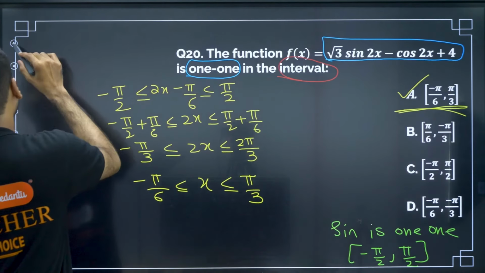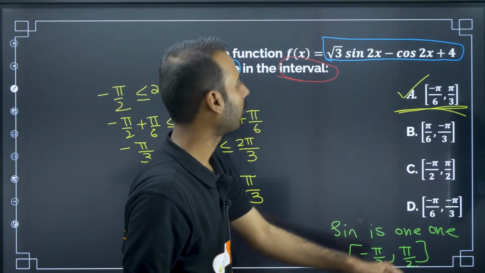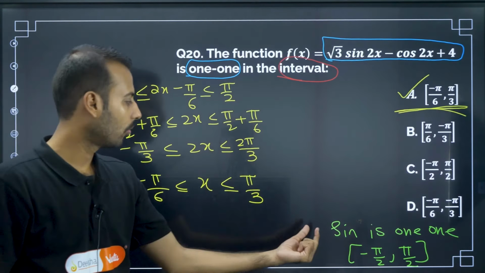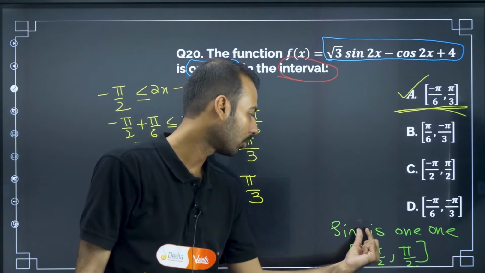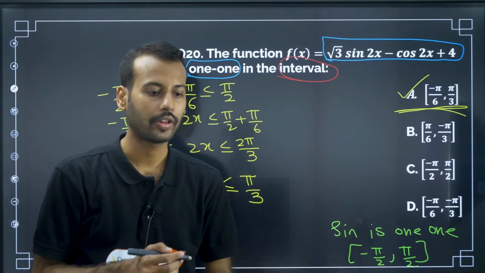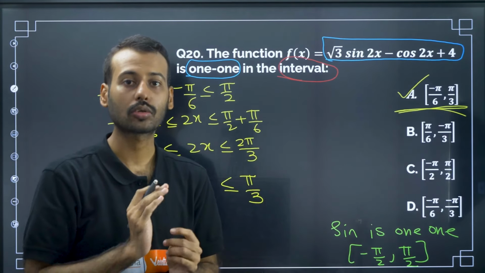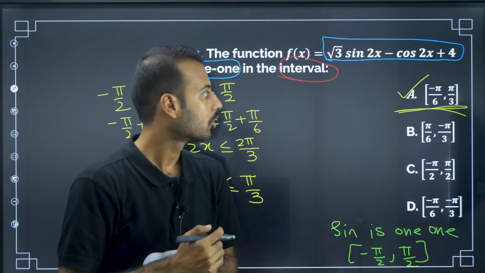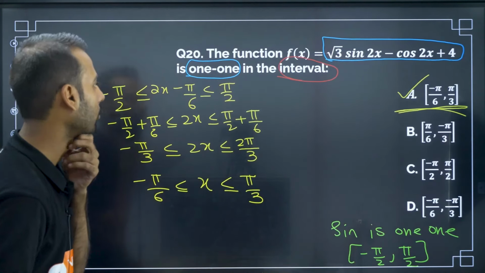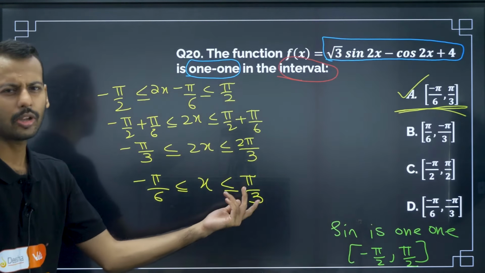So the function is 1-1 in the interval minus pi by 6 to pi by 3. One synopsis point we are supposed to know is that sine is 1-1 in minus pi by 2 to pi by 2. And one more synopsis point for solving this problem is sin of A minus B equals sin A cos B minus cos A sin B. With these two synopsis points, you are able to solve this problem. Easy question, a little time consuming, but within 1 minute we can solve this.